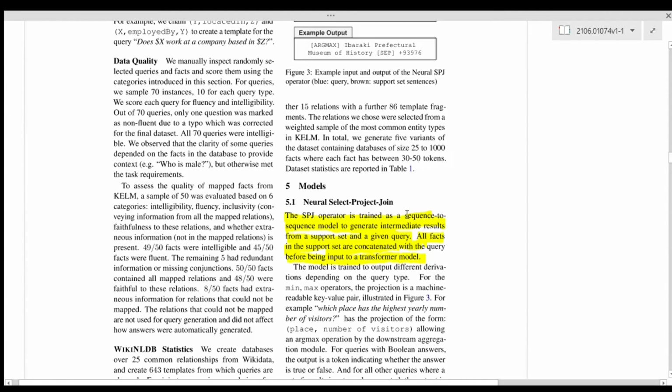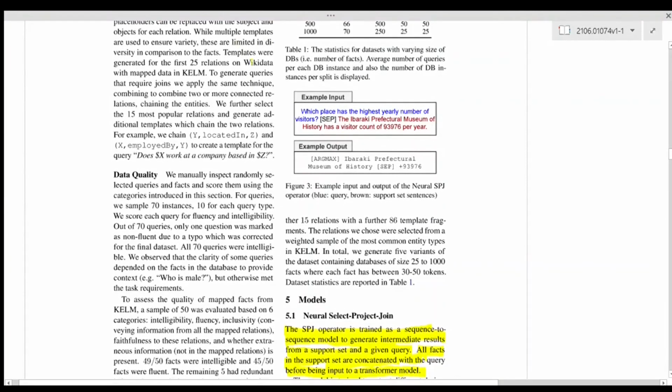Here they have provided an example of what will be provided to the neural SPJ. We will be providing the queries and the support set. It is similar to what we have seen in question answering datasets, where we provided the paragraph and the questions, and based on that we provide the values.